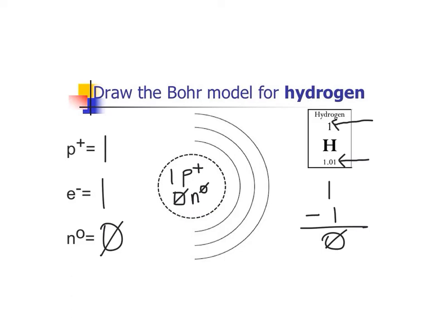We only have 1, so that will fit in the first energy level. We will write 1 followed by its symbol of electrons in the first energy level location. And then we will use a single dot, because we only have 1 electron, to represent the electron. So that is the Bohr model for hydrogen.